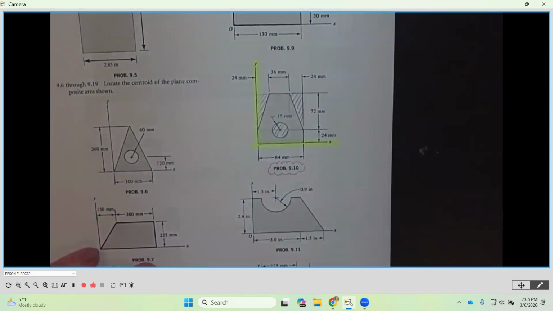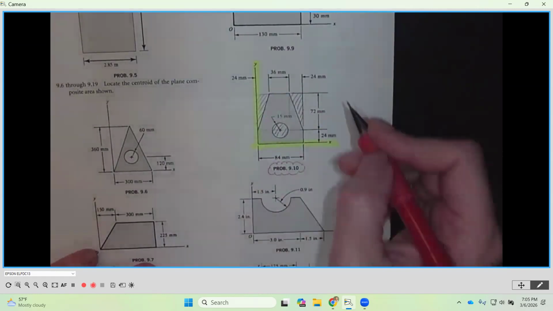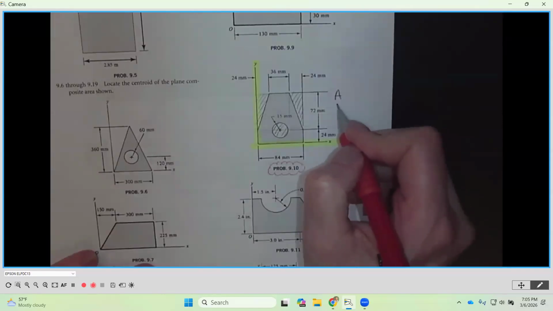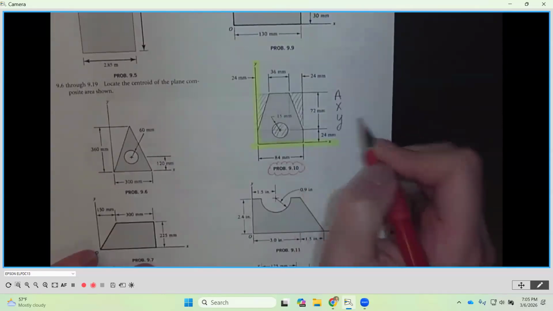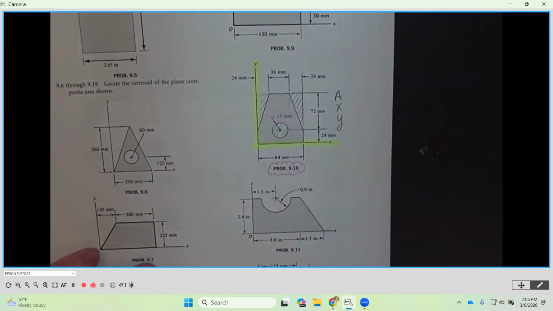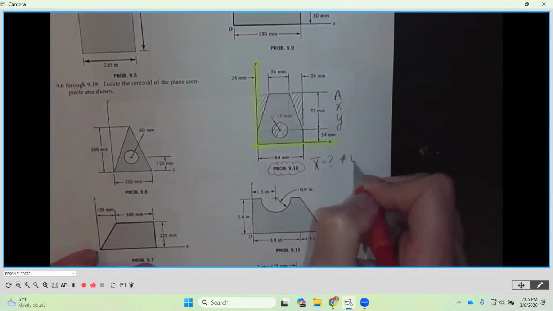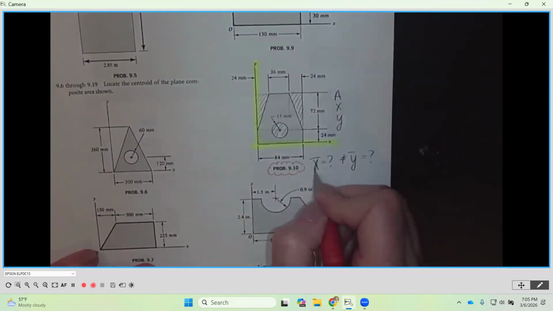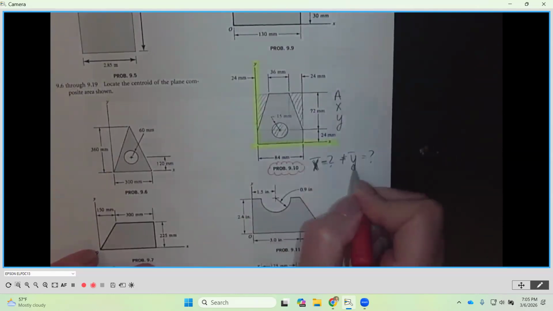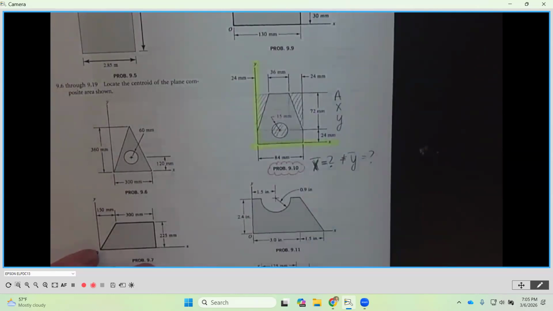Once you identify your simple shapes, then you're going to gather your area, your X and your Y for each one of the shapes. Then you're going to create your chart, and find your X bar and your Y bar. And don't forget to add a diagram to locate it.